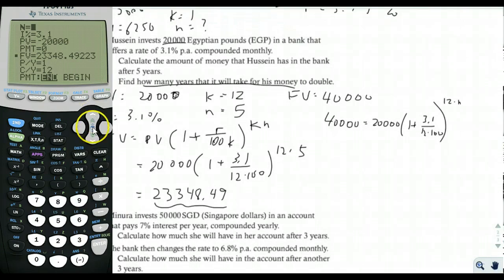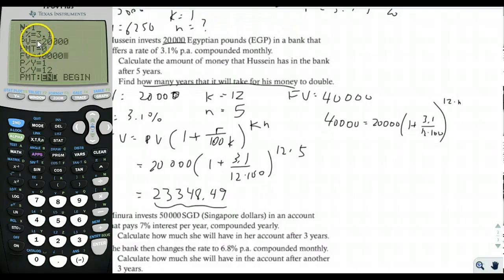N is, we don't know. I is 3.1 still. PV is still 20,000. FV, we're going to put 40,000, because we want double. Why don't we put negative 40,000?